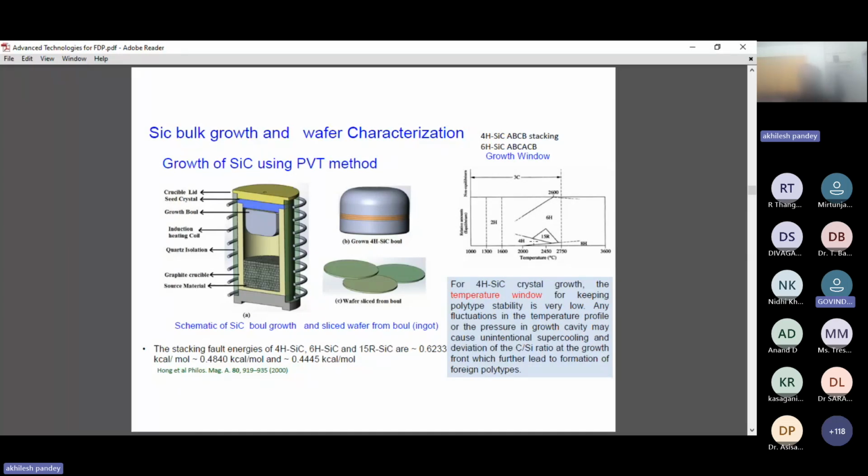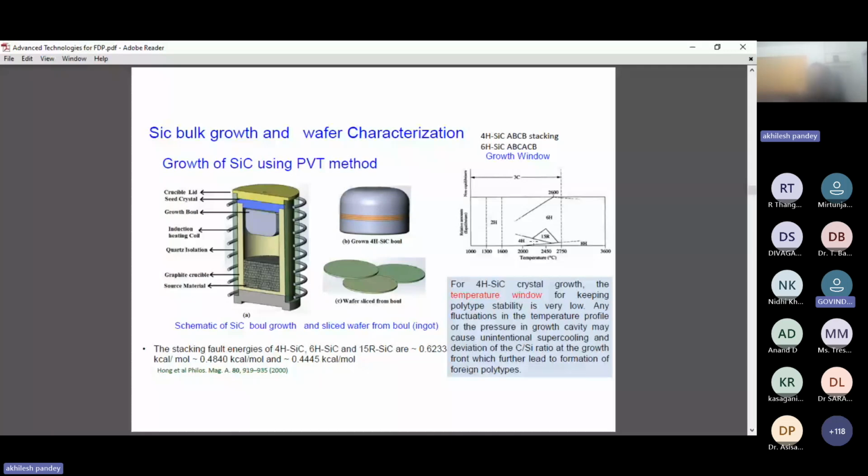These are the polytypes. The stacking fault energies of 4H silicon carbide, 6H silicon carbide, and 15R silicon carbide are 0.6233, 0.4840, and 0.4440 kilocalorie per mole.